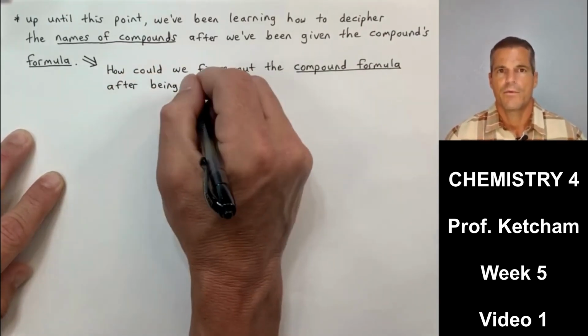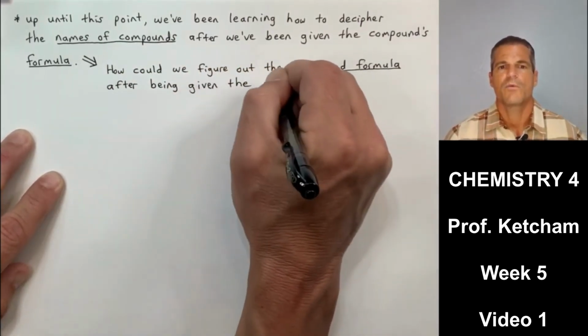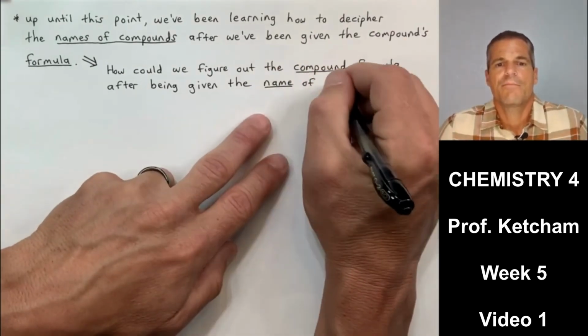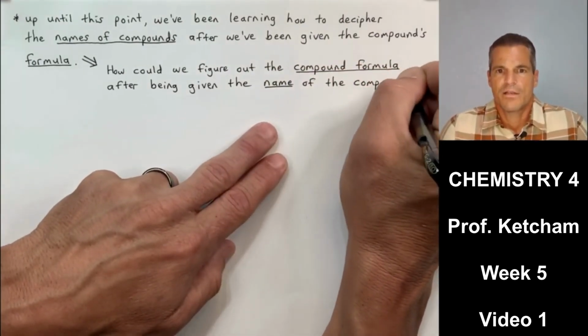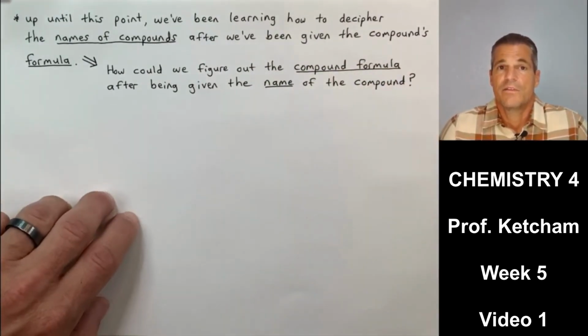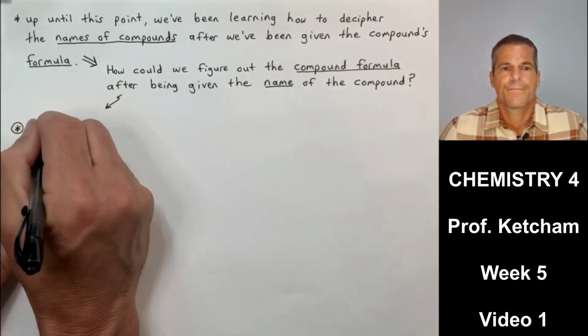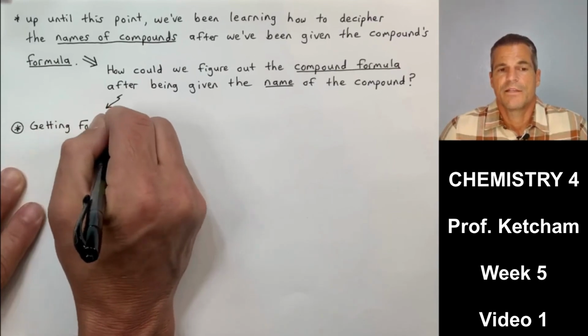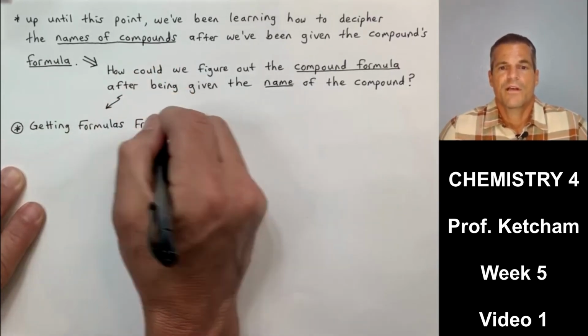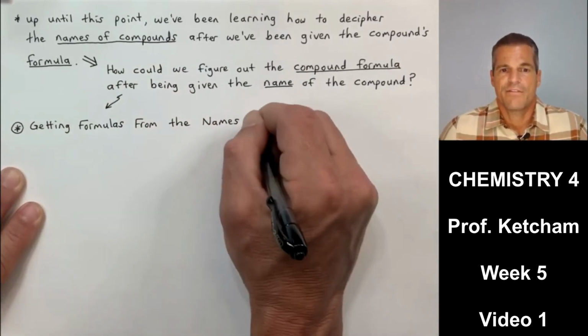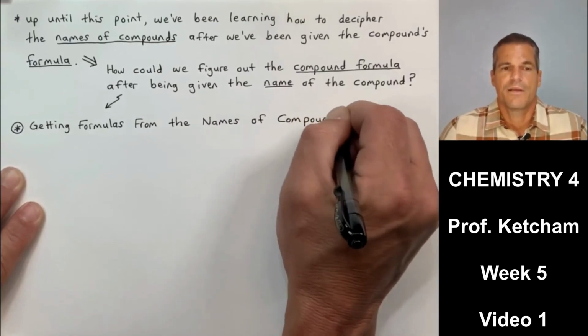Well, what about the other way around? How could we figure out the compound formula from the name of the compound? So how do we go the other way this time? Well, that's what we're going to start talking about right now.